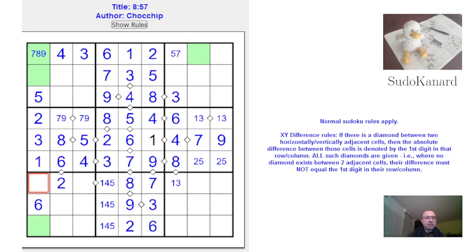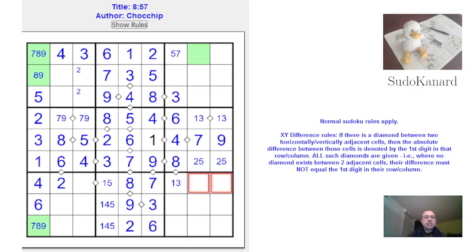This column still needs a 4, but 4 here wouldn't work because of 2 and 6, so 4 is here. So this is 8 or 9, this is 7, 8, or 9. Well, I'm not out of the woods. This 2 now goes somewhere around here. That's not 4.